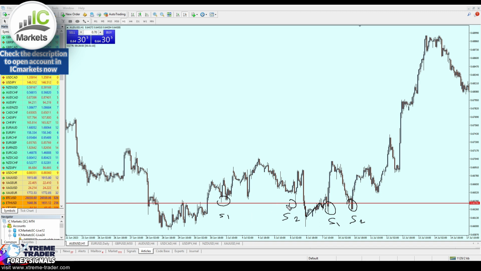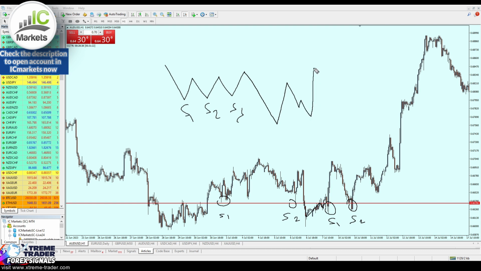So the idea here is, after the support, for example, here is support 1, support 2, support 3. If we see a breakout happen from that level and the market rose again above that level of a support, now if the market is going to respect the same level of the same support, this is going to be support number 1 again.